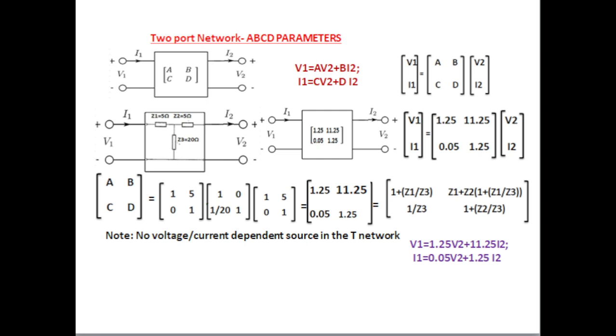So V1 is equal to 1.25 V2 plus 11.25 I2. I1 is equal to 0.05 V2 plus 1.25 I2.